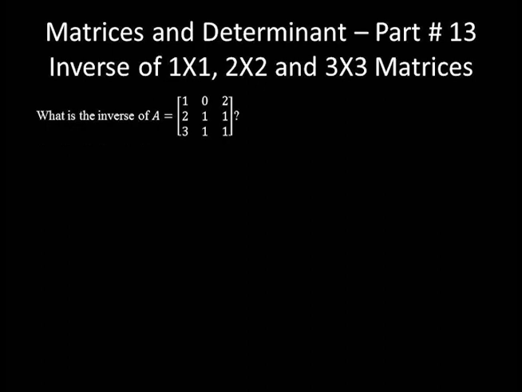How do we form the augmented matrix? Just by combining the columns of the given 3 by 3 matrix and the 3 by 3 identity matrix, and separating them by using this vertical bar.